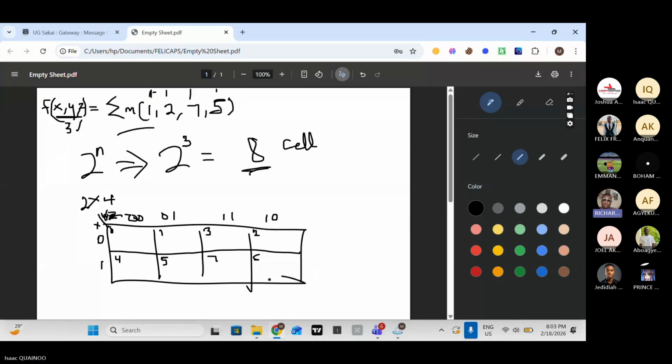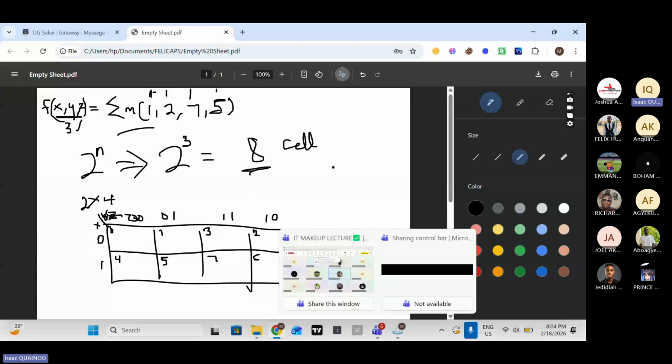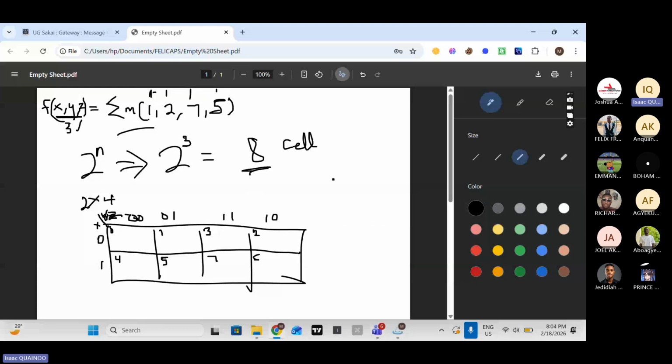Please, I heard you saying that you use the power of the number to determine the cell. I did not mention the power of the number. The only place where we use powers is to determine the total number of cells we are to use for that particular K-map.